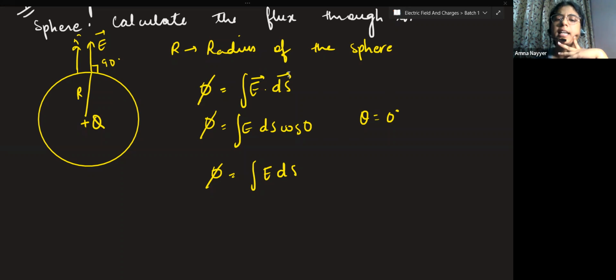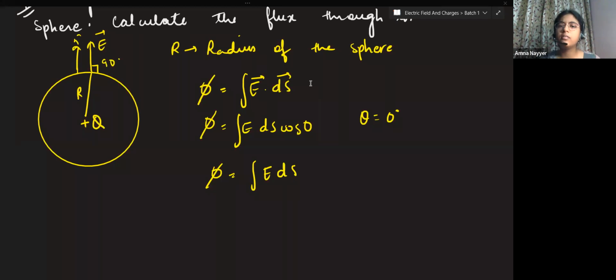Yes, Maimuna, that is F by q naught. So what will be the value if you put, yes, Salman, it will be KQ divided by R square. F by q: when you put the value of F as KQ square divided by R square, you will be left with KQ divided by R square only.